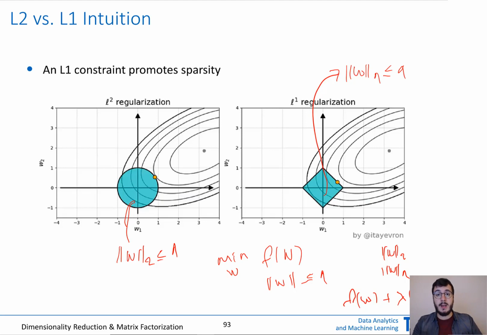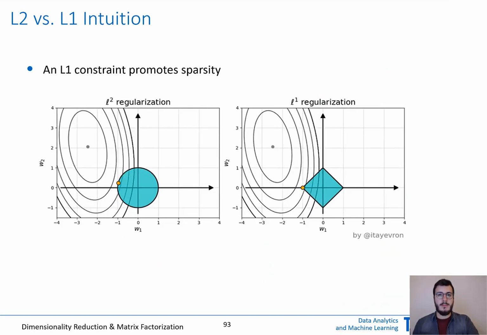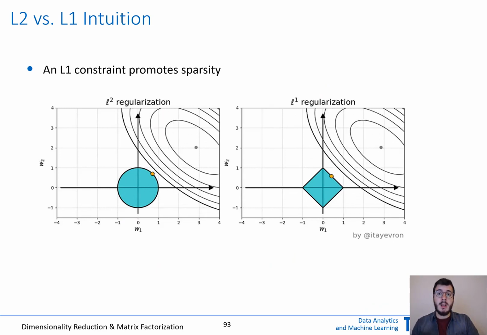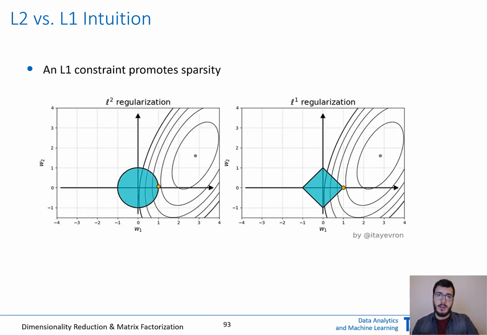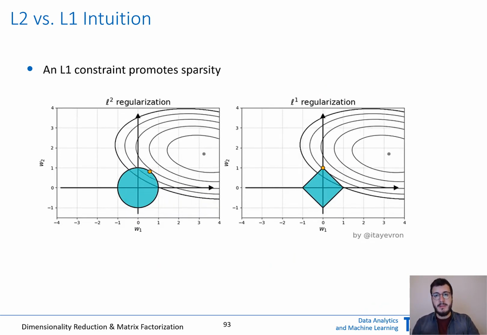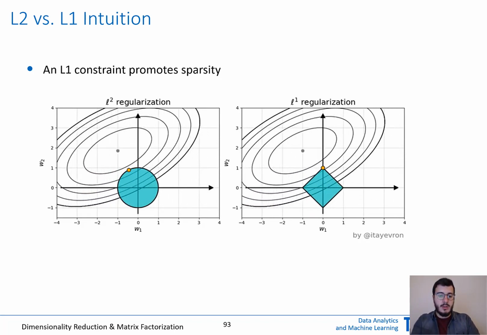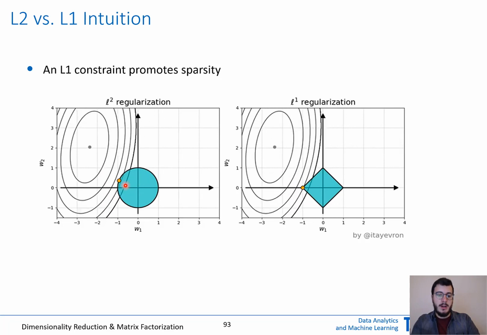Now let's look at an animation of how the solution changes as we change our objective function. We see that the solution, or in other words, the closest point within the shaded region to the minimum, can be different in the L2 versus the L1 case. And this is shown with this orange dot over here.